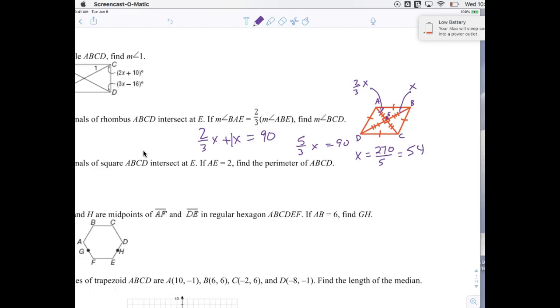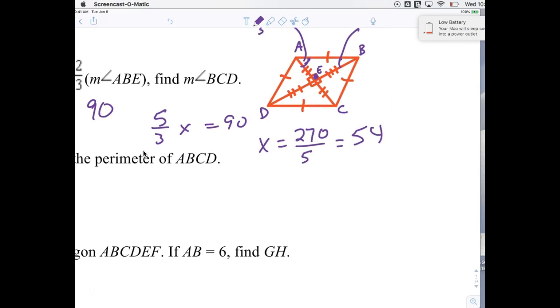All right, it says find BCD. So wow, BCD is not what they're, sorry. BCD is this angle right here. Everybody agree? All right.